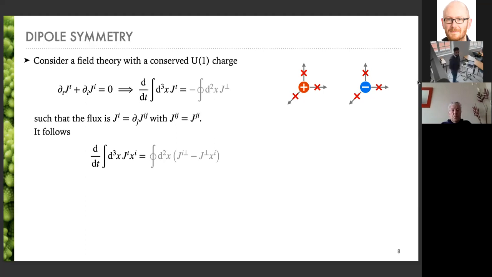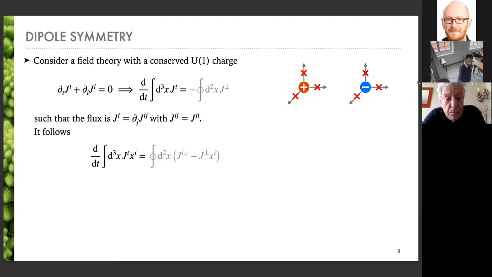Okay, good. So of course, as we just said, once the dipole moment is conserved, yes. Sorry, I was wondering about the symmetry of your J_i theory. What does it come from? Oh, this is not coming from anywhere. I'm just putting it in by hand for the moment. I'm just saying that let's say J_i is given by a total divergence, and let's say that it is symmetric.